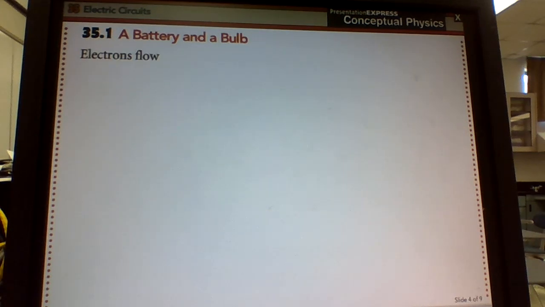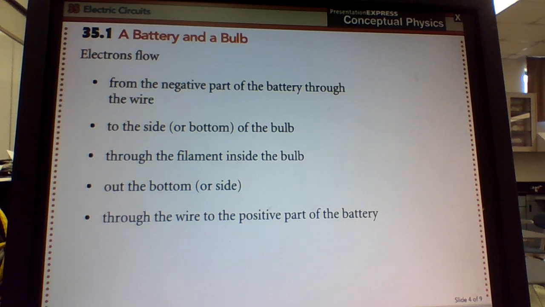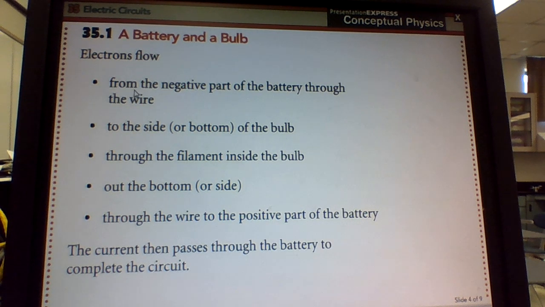One thing that's very important to realize is that electrons flow beginning from the negative part of the battery. They leave the negative part of the battery, they then go into the wire. Then the wire goes to the side or the bottom of the bulb, depending on how the bulb is set up.